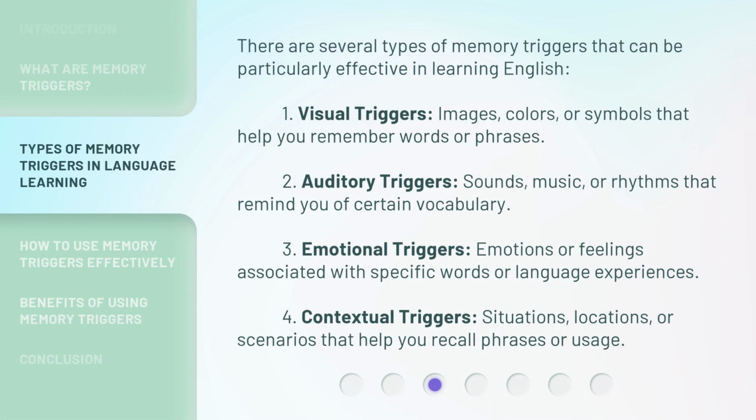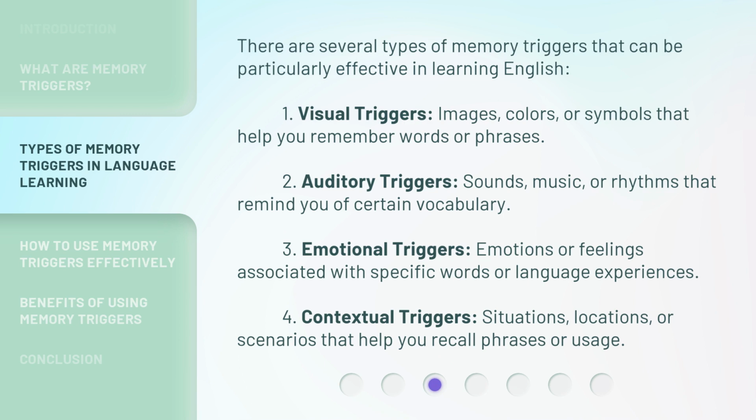There are several types of memory triggers that can be particularly effective in learning English. 1. Visual triggers. Images, colors, or symbols that help you remember words or phrases. 2. Auditory triggers. Sounds, music, or rhythms that remind you of certain vocabulary. 3. Emotional triggers.